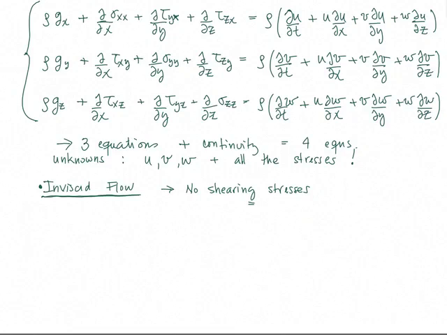So if we can neglect viscosity, there are no shearing stresses. And therefore, the normal stress at any point is independent of direction. I won't do it here, but it can be proved that sigma xx is equal to sigma yy is equal to sigma zz and is equal to minus the pressure. So that gives us Euler's equation.